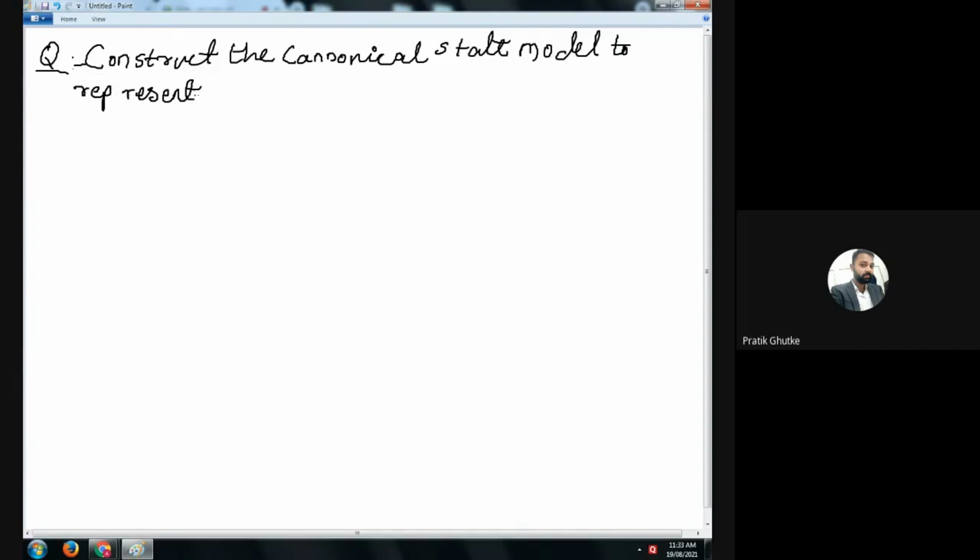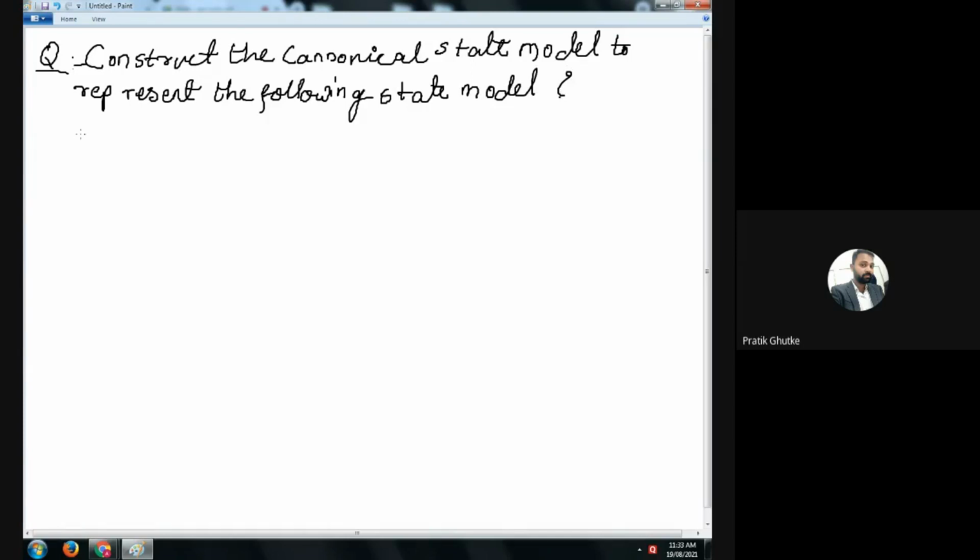Okay, so they have given the following transfer function model. So we have to represent it in the state model.